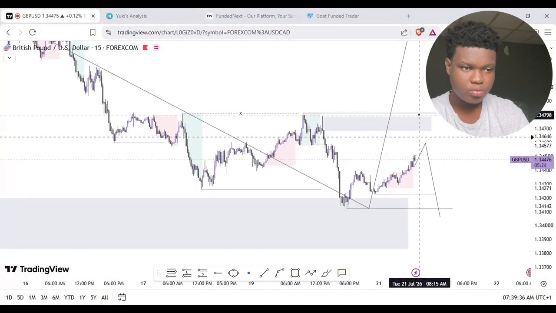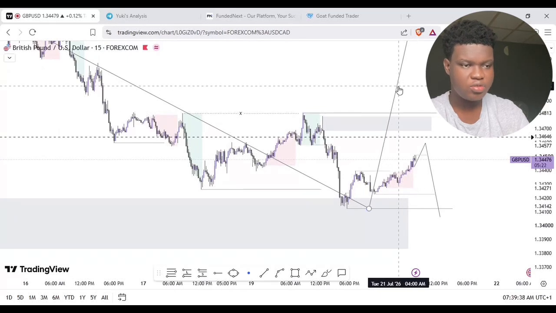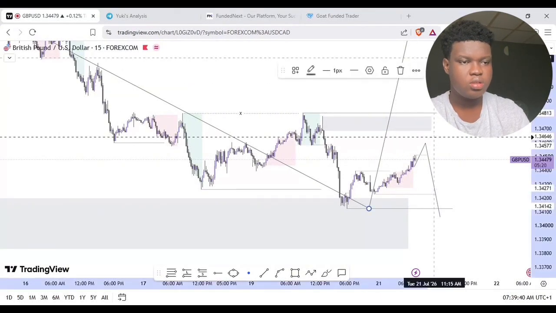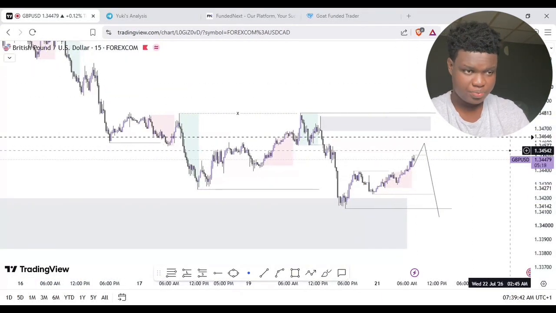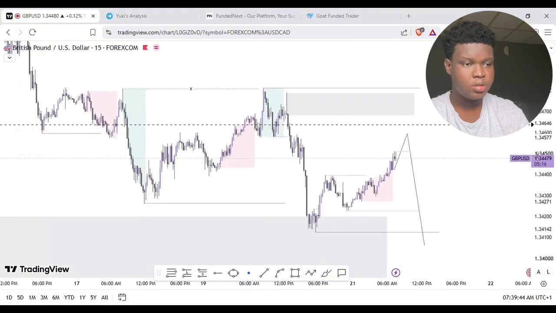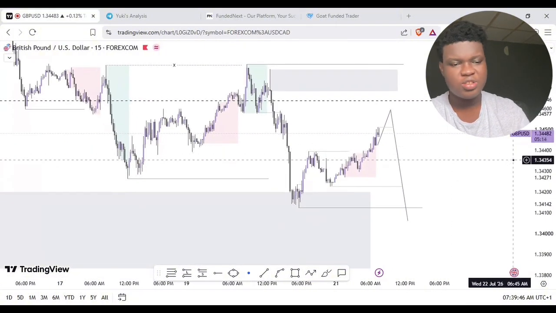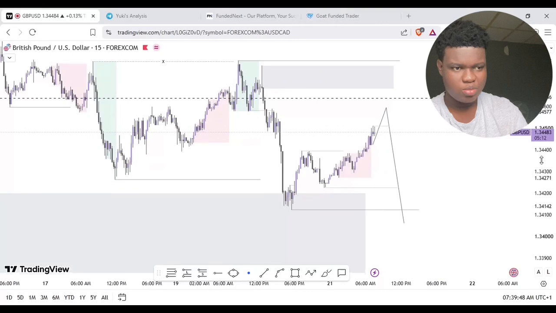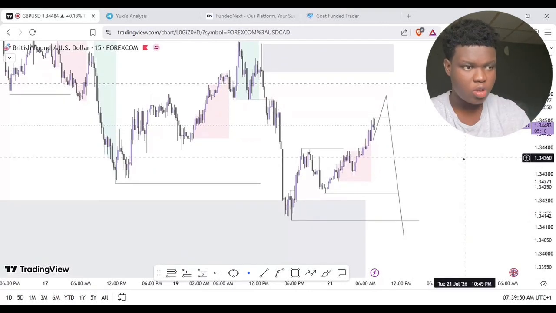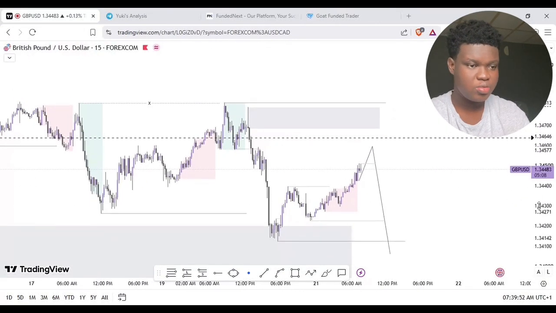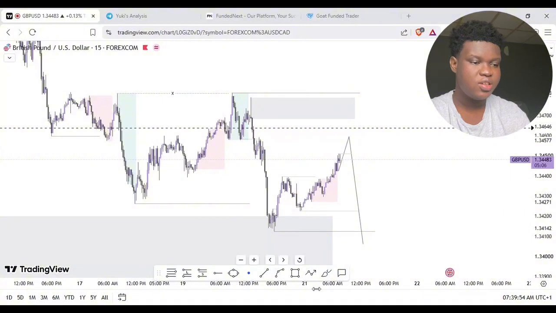So we're still in a very strong 15 minutes bearish range, and the London session is about to kick off in like 20 minutes. So on the 15 minutes, we're forming lower lows and lower highs.